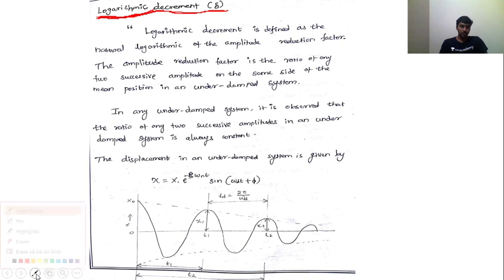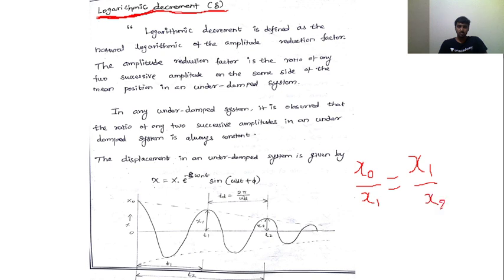So starting from x0 and the successive amplitude x1, then x1 and the successive amplitude x2, and like that, x2 divided by x3. So the equation is given in terms of xn divided by xn plus 1. So the ratio of successive amplitudes in the underdamped system is always constant.